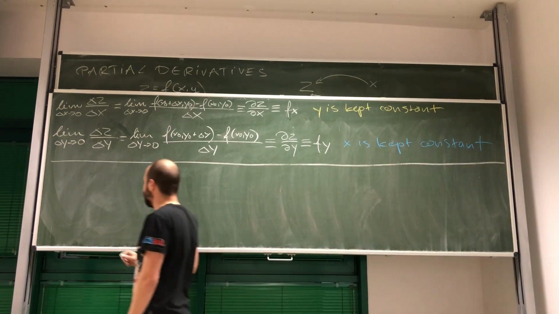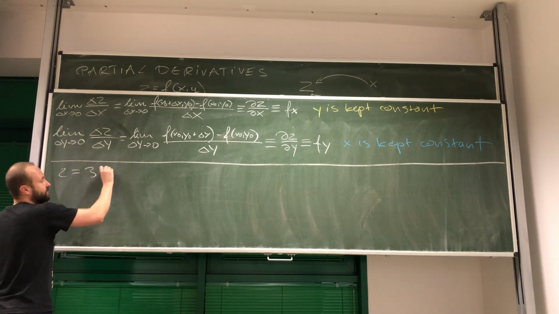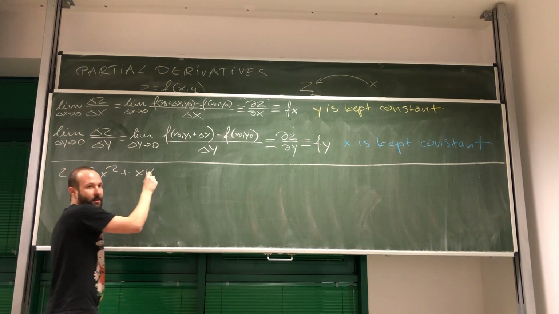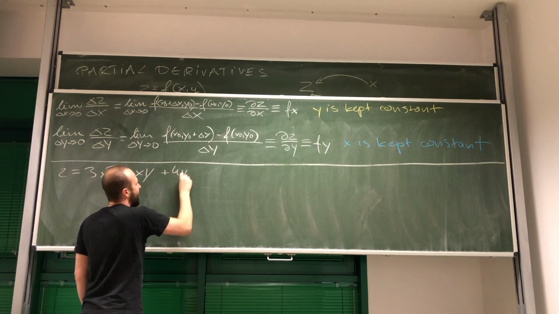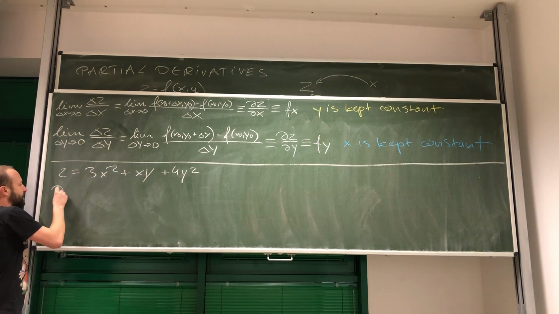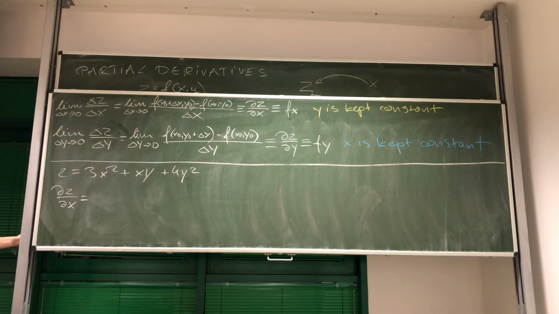Let's say that z is 3x squared plus xy plus 4y squared. Now, when I tell you calculate derivatives, it means I want you to calculate both. First, dz dx.